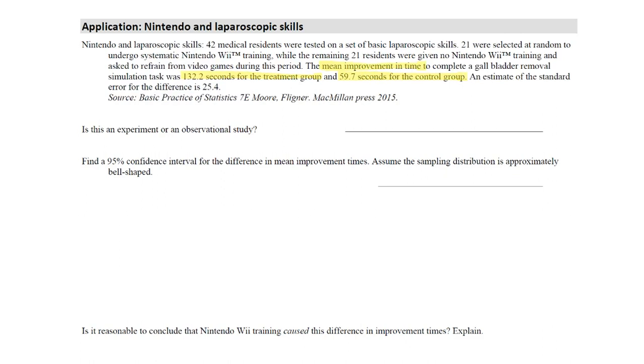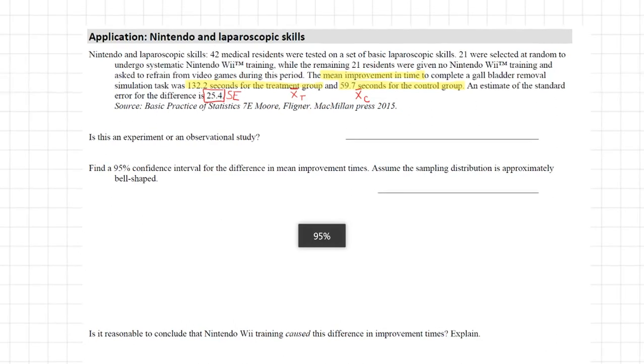And we're also given an estimate of the standard error of 25.4. So if we start labeling these, let's call this first one X bar sub T, and this second mean X bar sub control, or C. We can then see that we're a little bit closer to being prepared to apply some of these ideas.